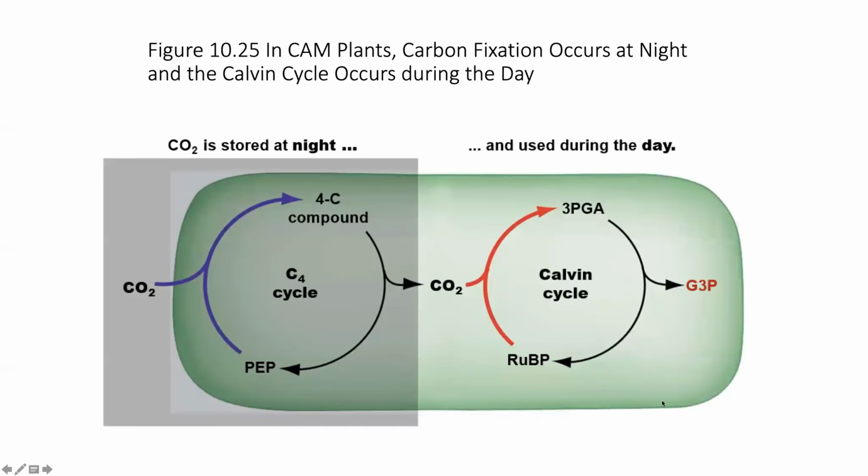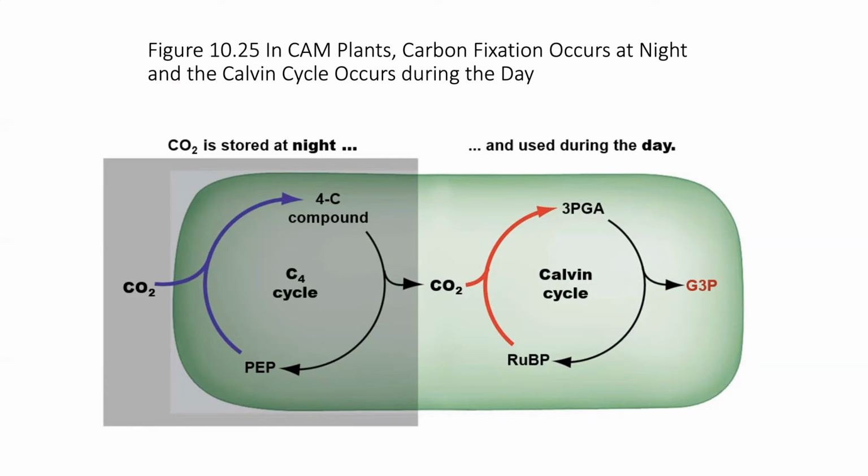So I think this is one of the really clever adaptations that these plants have made. At night, these plants, and again I believe these are the mesophyll cells, are collecting all of the carbon dioxide that they can, and they're also getting rid of all of the oxygen that they've built up. When they do this, they can store that carbon dioxide as this 4-carbon compound. And as you remember, if the light reactions aren't going on, I don't have a supply of energy.